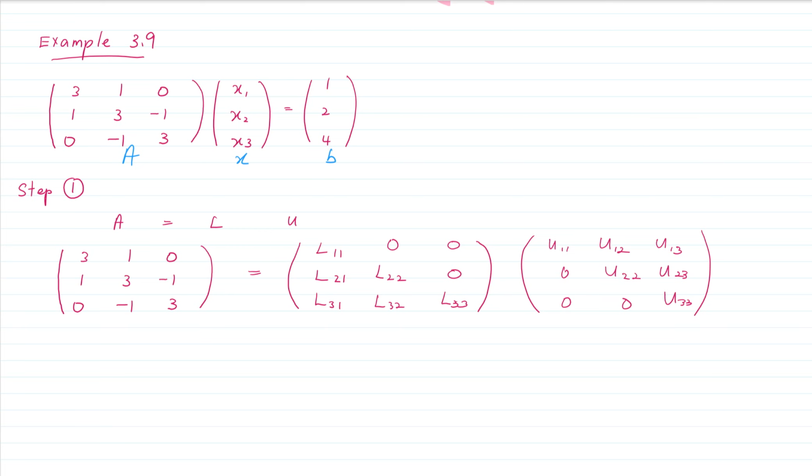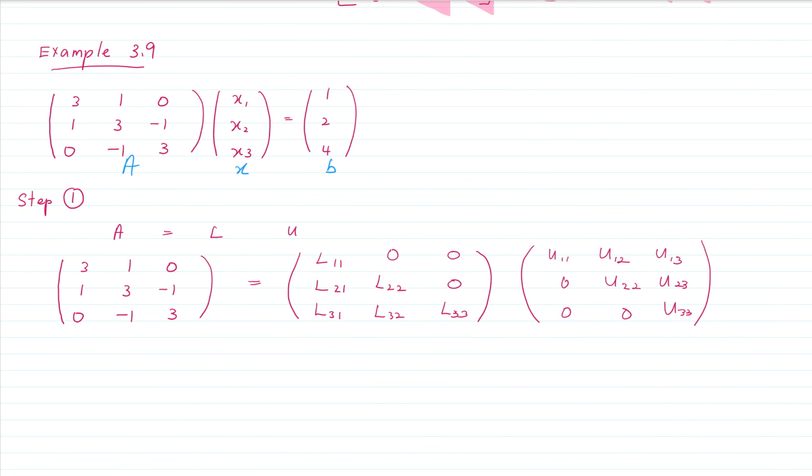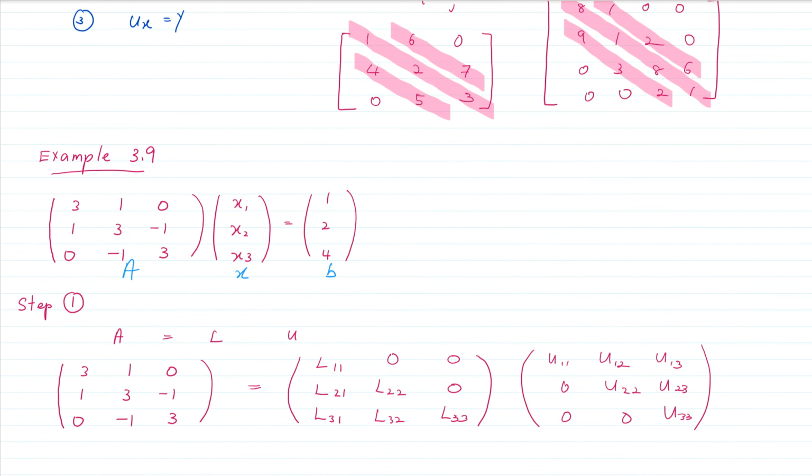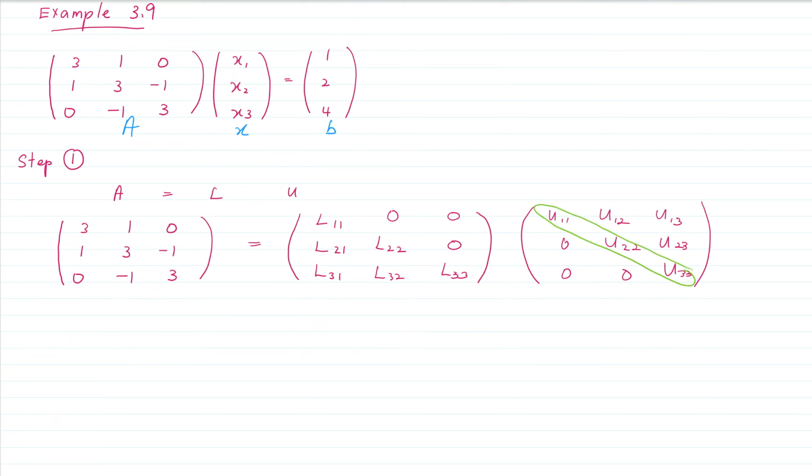So now back to the rule for the Thomas method: the diagonal of matrix U equals 1. What does it mean? The diagonal of matrix U here is referring to these values. These values become 1, so we can write it like here.